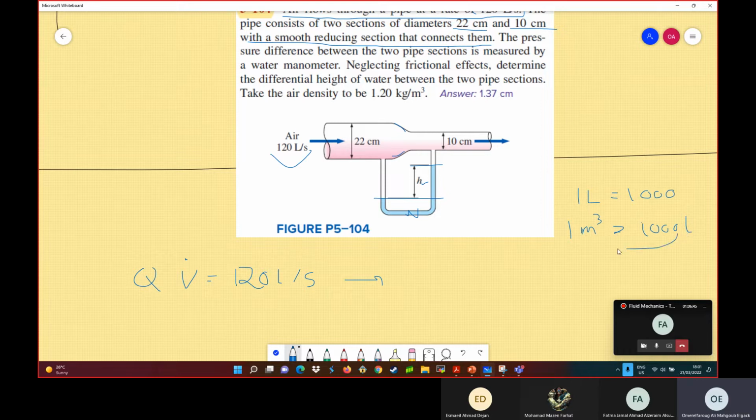So if I want to convert from liter to meter cubed, I need to divide by 1,000. So you have 0.12 meter cubed per second.